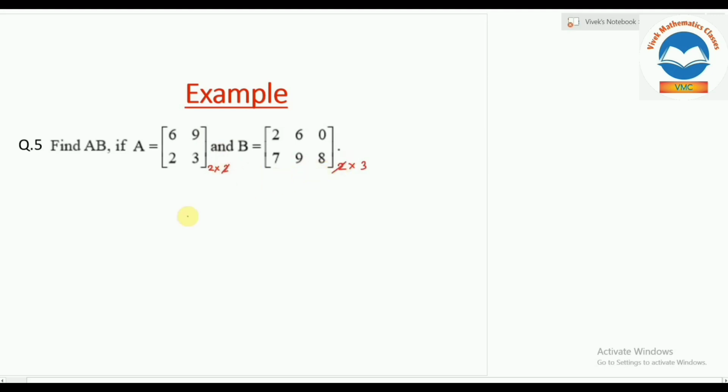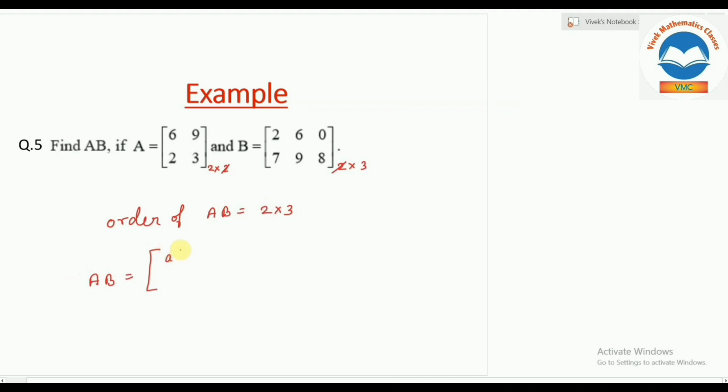So what will be the order of AB? The order of AB will be 2 cross 3. So our answer will be a 2 cross 3 matrix. Which format will it be in? Let's say I will write it as A only.